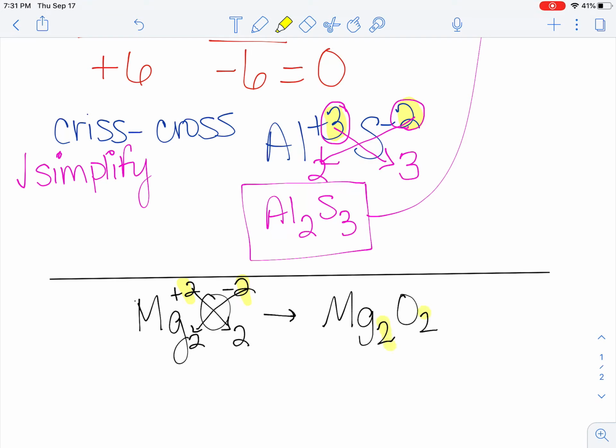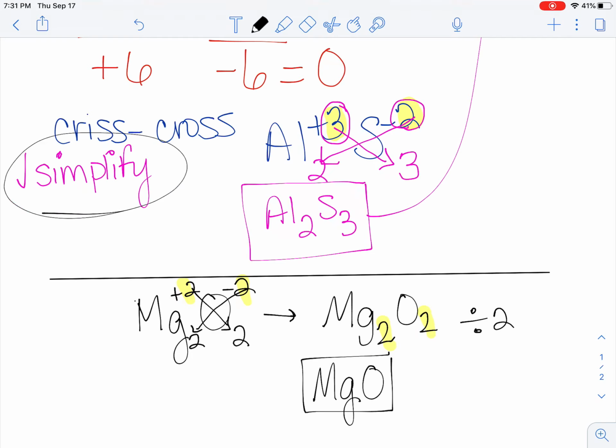However, we know that you can divide both of those subscripts by 2 and simplify them to Mg1O1, which we write like this. So you have to check with the crisscross method whether or not you can simplify.